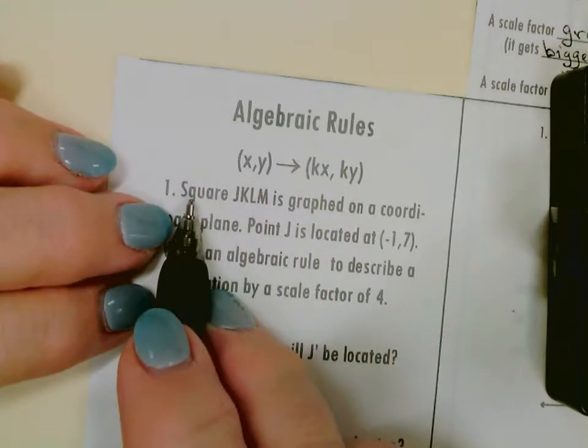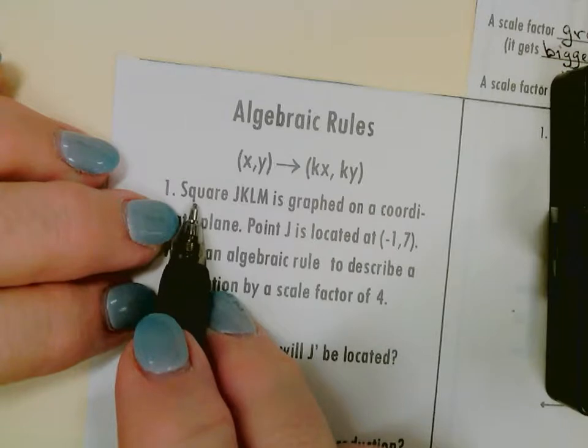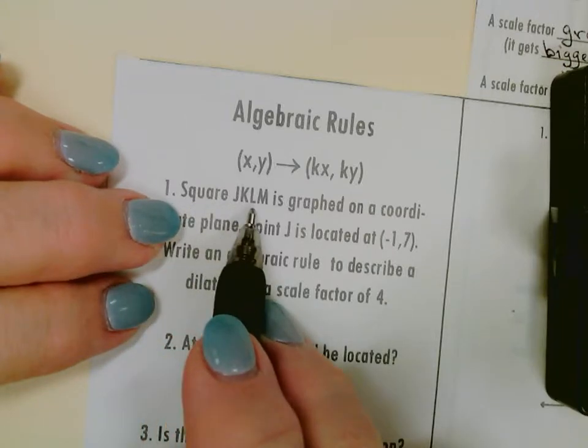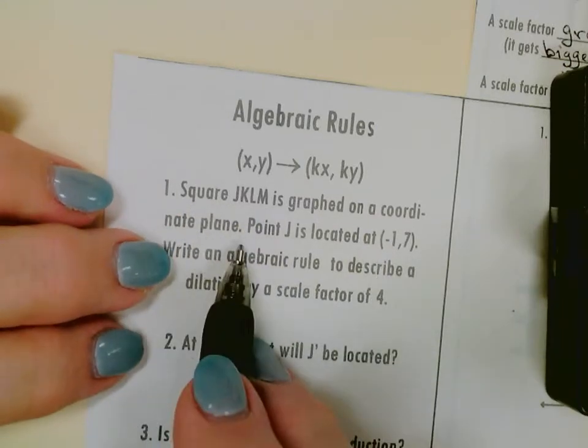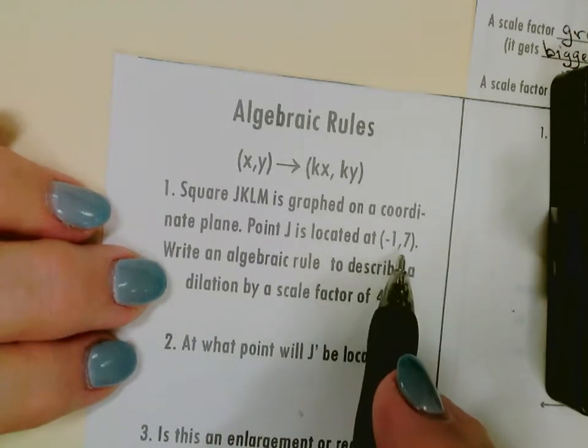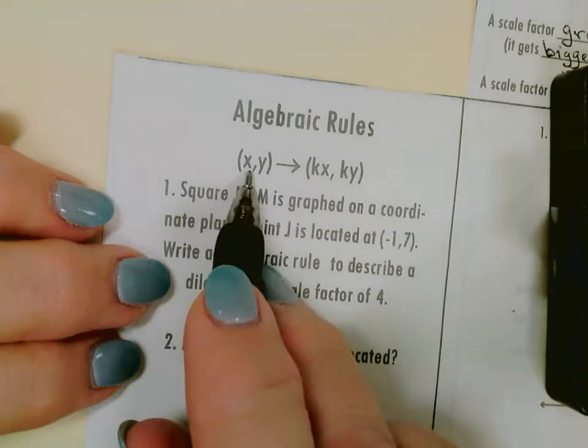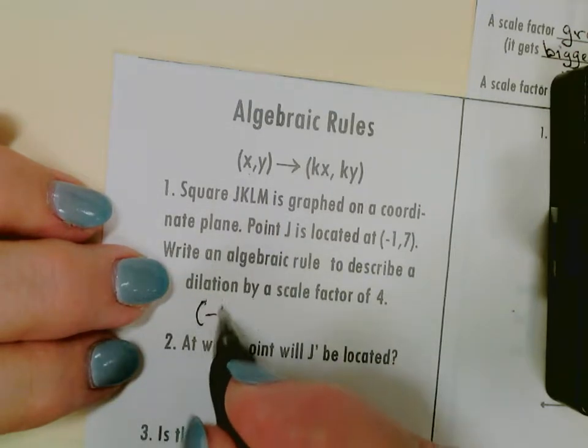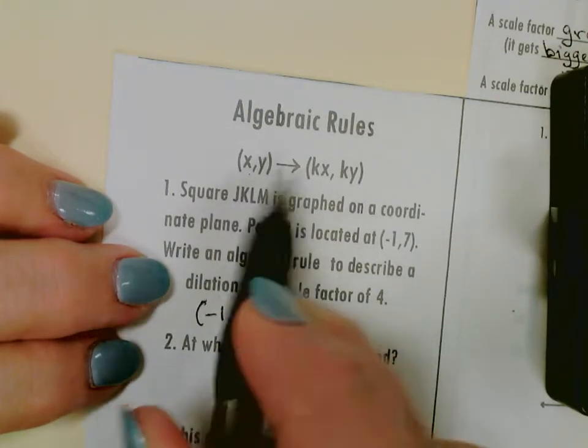So for an example of how this works, square JKLM is graphed on a coordinate plane. Point J is located at (-1, 7). So we're going to put -1, 7 as my x and my y.